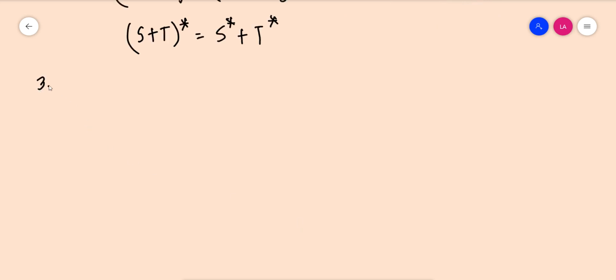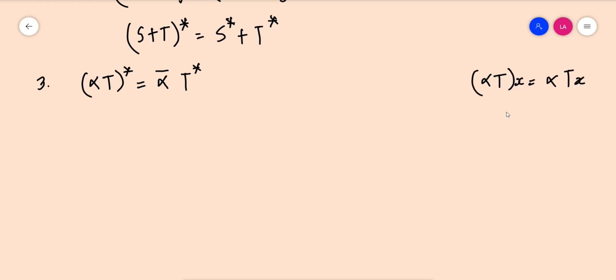Now the third property is (alpha T) star should be equal to alpha bar T star. Here (alpha T) of x is alpha times Tx. Okay. Now in order to prove this, we take inner product (alpha T) star y, x.